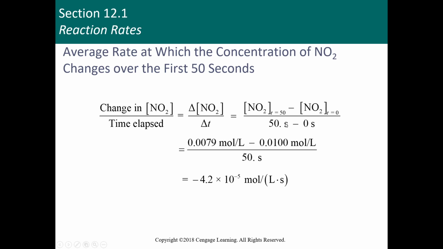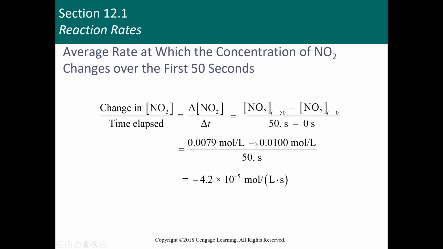Our state 2. Minus 0 seconds, which was our initial state, or state 1. And so, of course, we now substitute these numbers. They come from that table, or you could have taken them off the graph, but that'd be harder. And you plug these in.